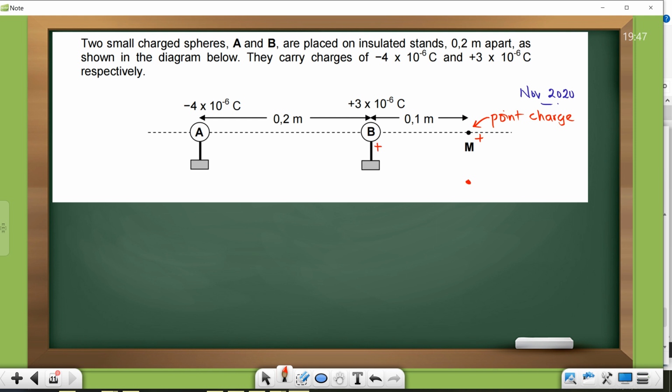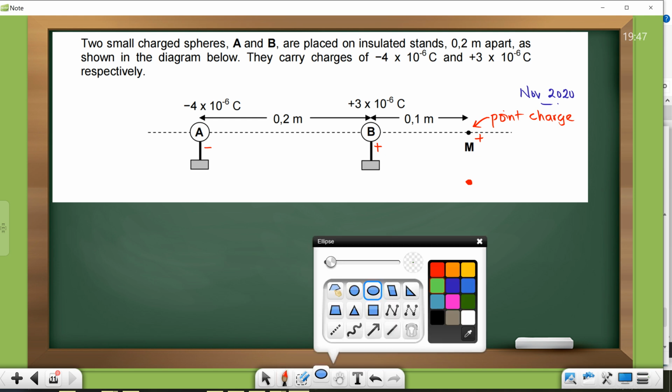Remember, my B is positive and my A is negative. Now, my good learners, please check. If I am looking at my positive M, I'm using a free body diagram there. Forget about A now. Consider B and M. I have positive and positive.